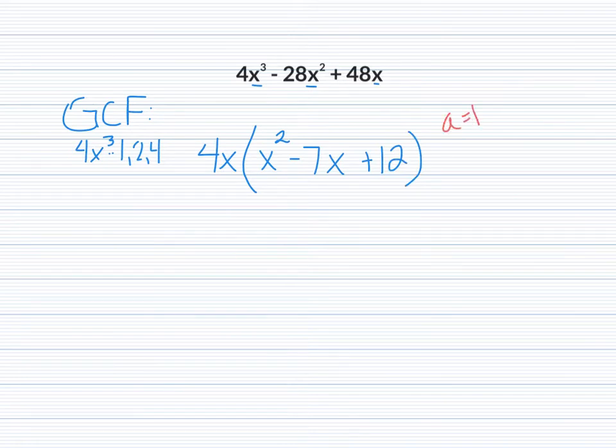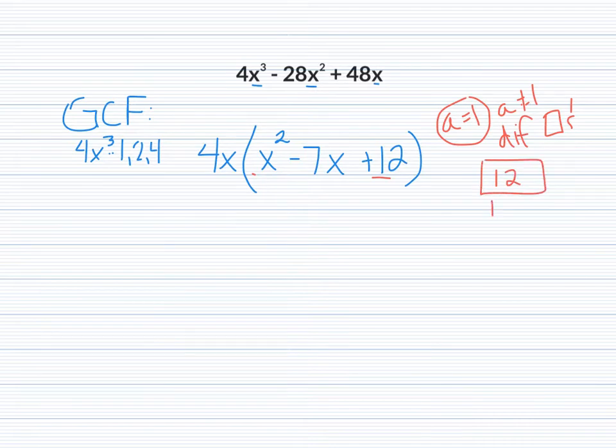Okay, next question. Is a equal to 1, a not 1, difference of squares? If I look right here, a is 1. So this is a really easy problem. We're going to look at that c value, 12. What are the factors of 12? 1 and 12, 2 and 6, 3 and 4. Now notice b is negative, so that means they both have to be negative to get positive 12 and add to a negative number.